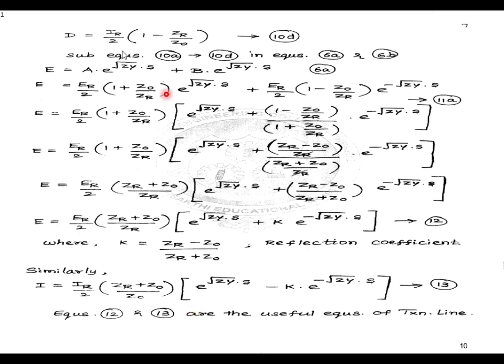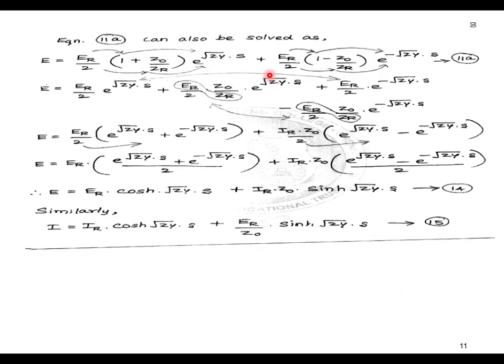Equation 11a can also be solved by using this: E equal to ER divided by 2 into 1 plus Z0 divided by ZR into e power root of ZY into S plus ER divided by 2 into 1 minus Z0 divided by ZR into e power minus root of ZY S. So this is 11a. By solving this 11a, instead of that ER divided by ZR, we can write IR.